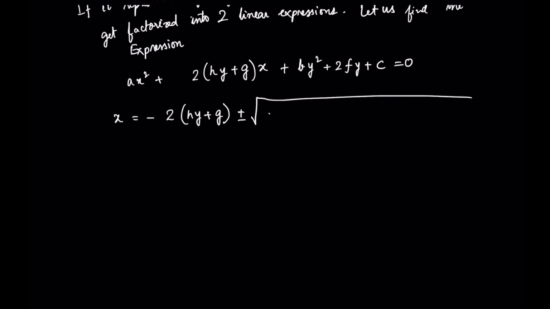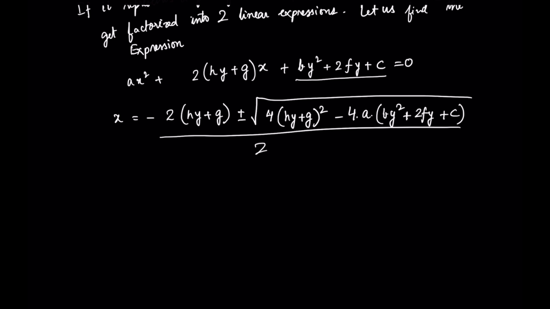So basically b square is this: 4 into hy plus g whole square minus 4ac. 4 into a into c, this part is c, so by square plus 2fy plus c. Correct? Divided by 2a.